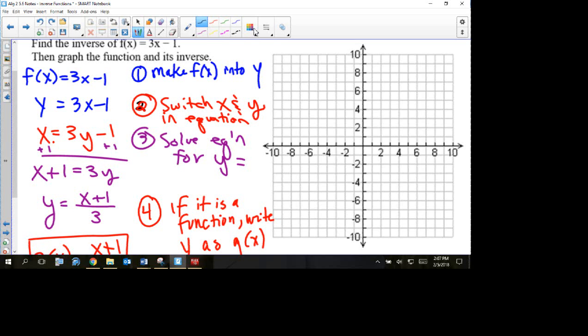Okay. Before we go to graph it though, let's graph our y equals x reflection line, because if we do this correctly, it will reflect over the y equals x line. I'm going to have that there. You get the straight edges. The y equals x reflection line is when x and y are the same number. 0, 0, 1, 1, 2, 2, 3, 3, 4, 4, 5, 5, 6, 6.